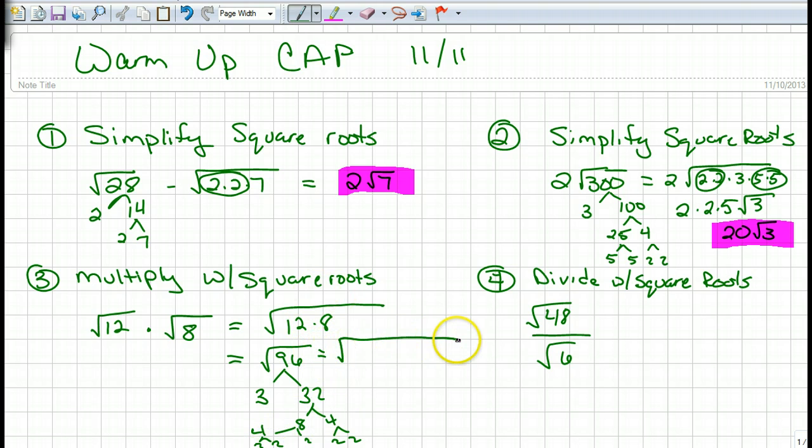So how many 2's do I have? 5 of them. So I'm going to write them out here. And then I also have a 3. So based on this, I have 2 pairs of 2's that I can pull out of the radical. So that'll be 2 times 2, and then 2 times 3 stays on the inside. And that would be 4 square roots of 6.